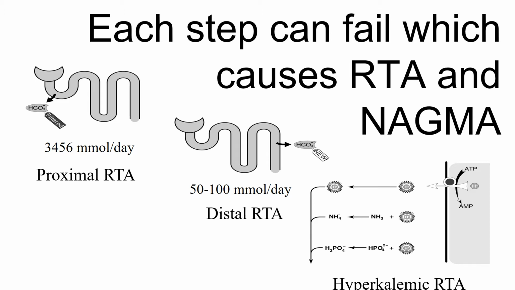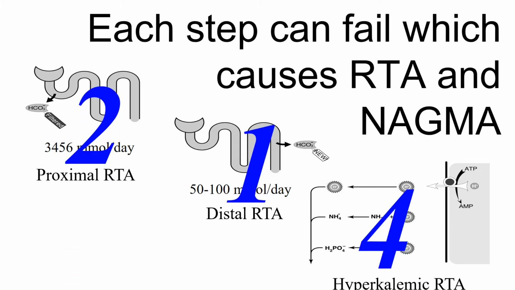When the distal tubule fails to synthesize new bicarbonate and secrete a hydrogen ion, that'll lead to distal RTA. And when the hydrogen ion is being produced but is unable to move out of the body, that will lead to a type 4 or hyperkalemic RTA. And we'll discuss these in a little more detail. So here are your type 2, type 1, and type 4 RTA.